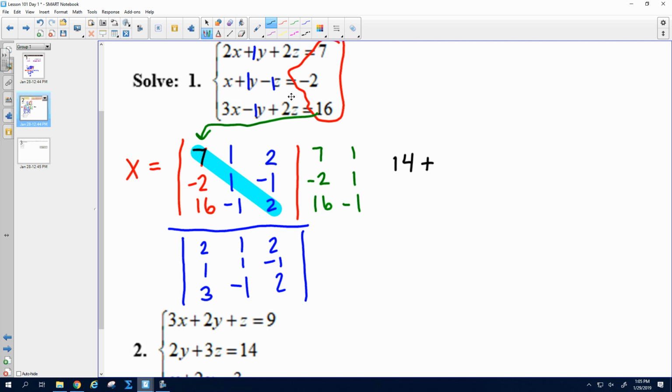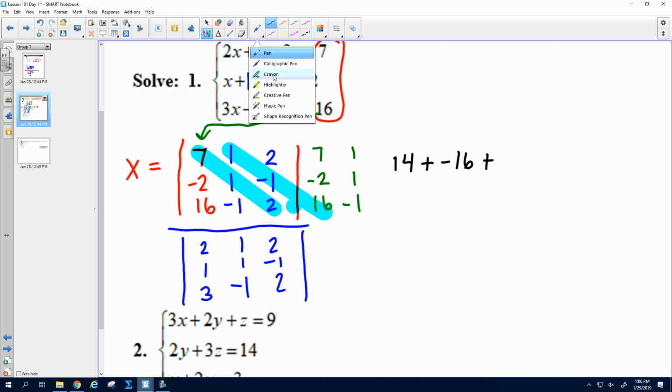And then I add. And now I'm going to find that next little diagonal of 1 times negative 1 times 16. So 1 times negative 1 times 16 is negative 16. So I'm adding negative 16.